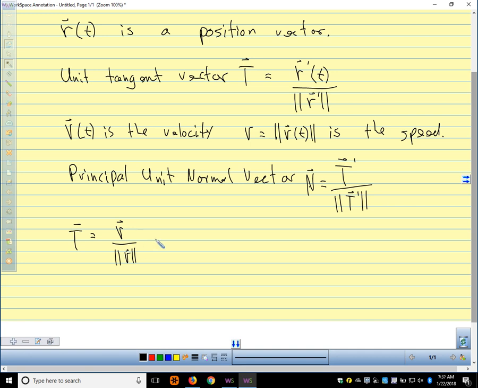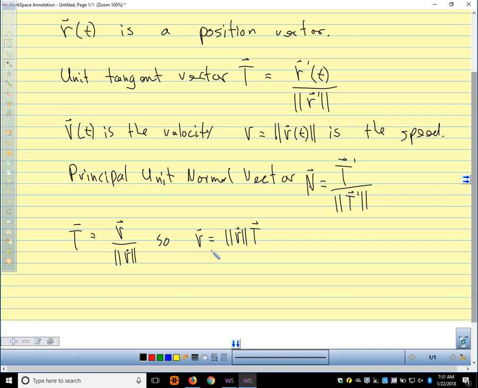So my velocity vector is the magnitude of v times T. And that makes sense. This is tangent to the curve, and that's the magnitude of my velocity. And the magnitude of T is 1, so this is going to give me my velocity vector.